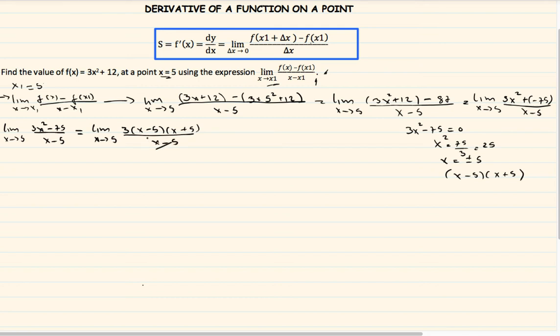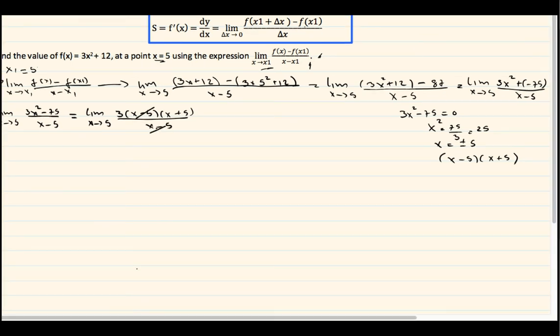Now we can simplify this and this, and as we simplify, we can just replace x by 5, because it is not going to be a division by 0. So we have 3 into 5 plus 5, which is 30.